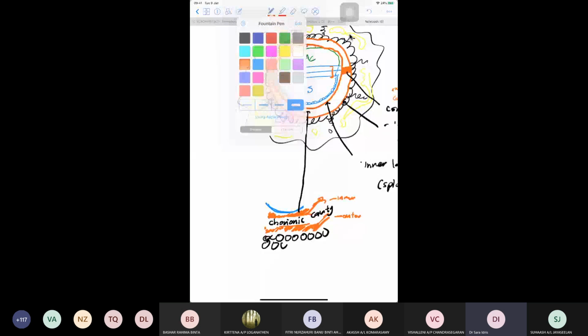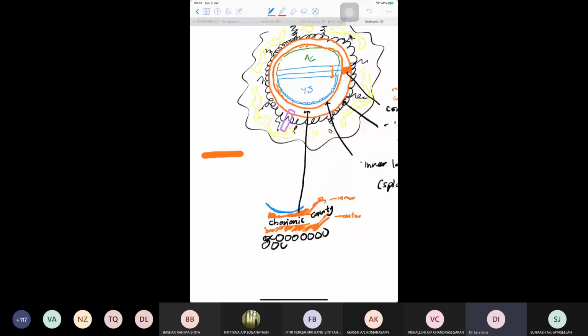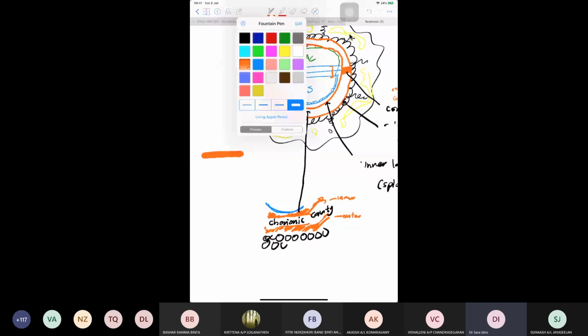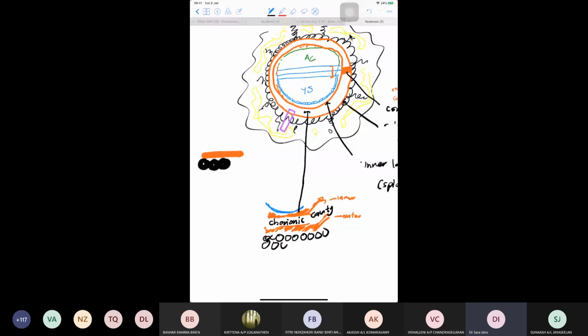You can see that you're going to have a layer of orange, which is the outer layer of the extra-embryonic mesoderm, or the somatic layer of extra-embryonic mesoderm. Underneath that, I will have the cytotrophoblasts. And then I will also have the syncytiotrophoblasts underneath that. The whole three layers of this, the somatic layer of extra-embryonic mesoderm, the cytotrophoblast, and the syncytiotrophoblasts, this here is known as the chorionic plate.